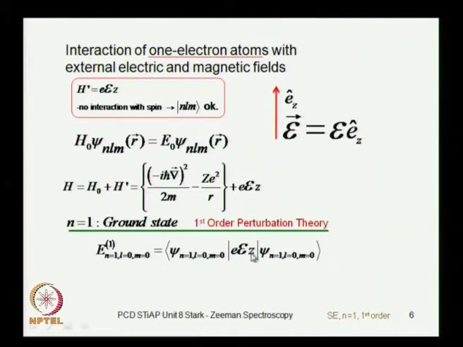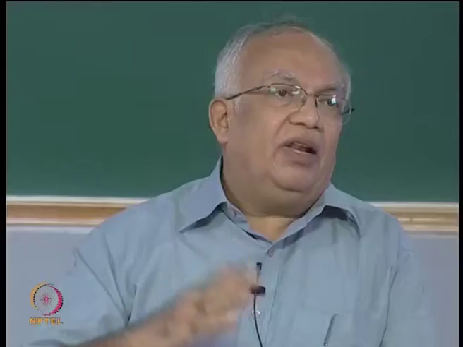This has a symmetry about the z axis, right. So, the operator z has odd parity, while this state as well as this state both have even parity. So, this integral will essentially vanish, because the contributions of the plus z will cancel the contributions from the minus z when you take the integral over the whole space, right.